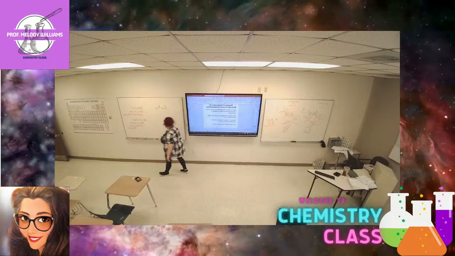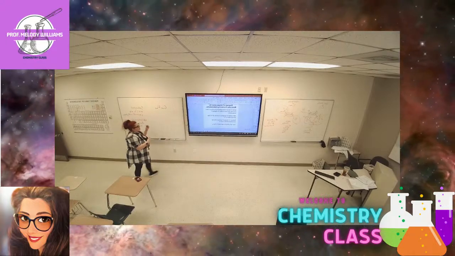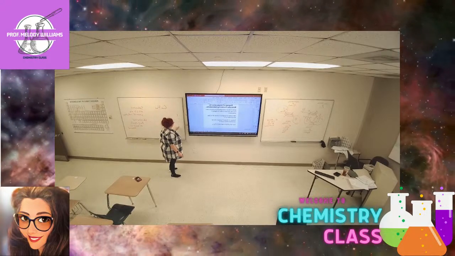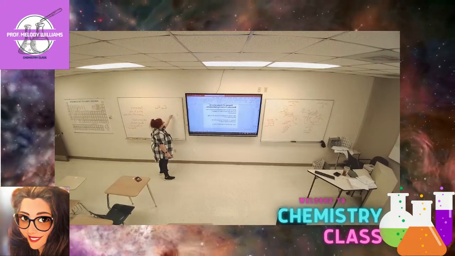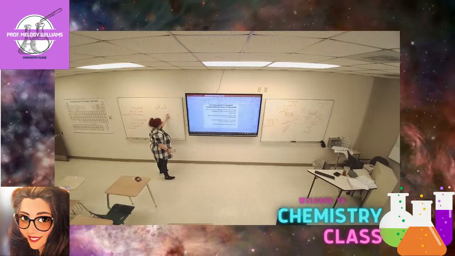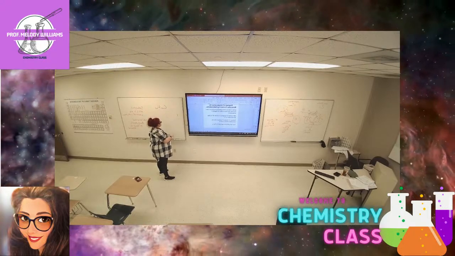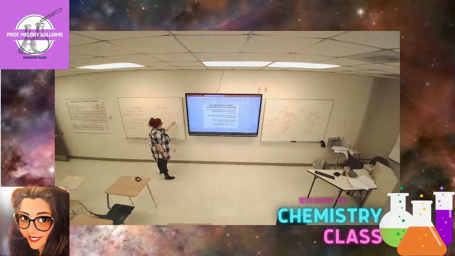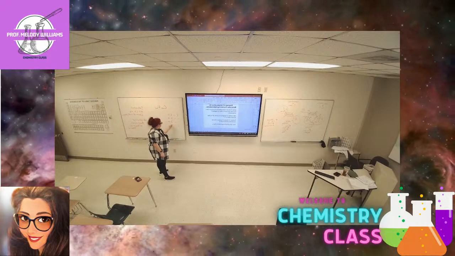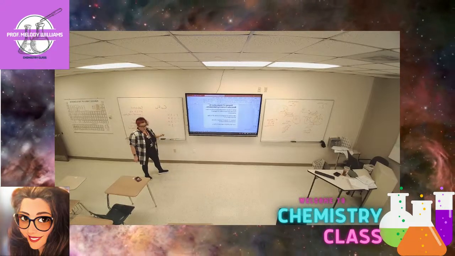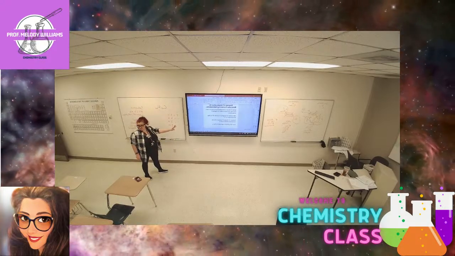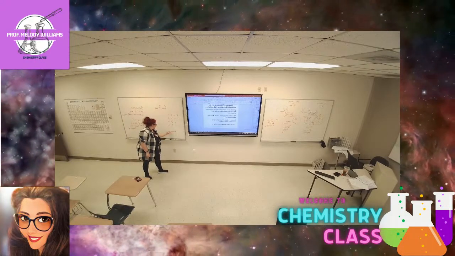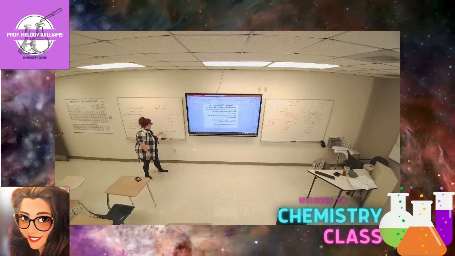So remember, halogens are iodine, chlorine, fluorine, and bromine. Each one of these counts as a hydrogen, because when we're counting for saturation, halogens make 1 bond.